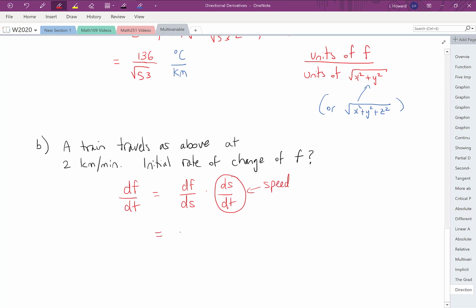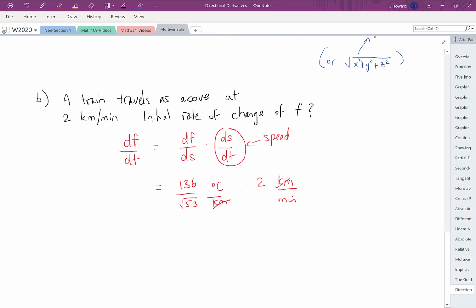Okay, so if we just take our 136 over root 53 degrees Celsius per kilometer, and we now multiply that by the train speed, which is 2 kilometers per minute, then sure enough, kilometers will cancel out nicely, and we'll have our rate of change of f with respect to time. So we'd have 272 over root 53, and now that's degrees Celsius per minute.